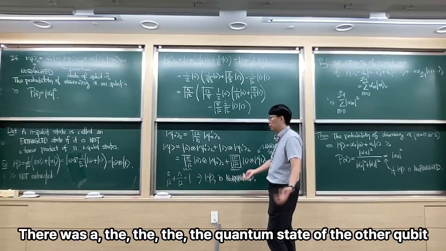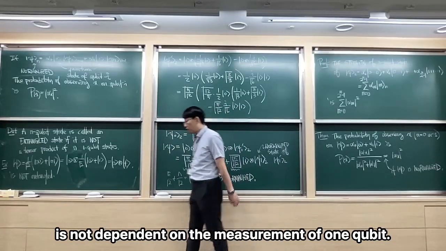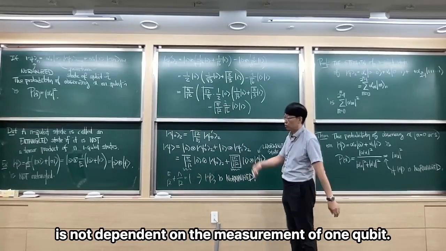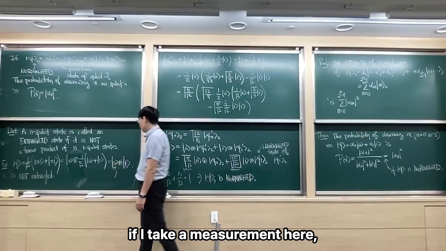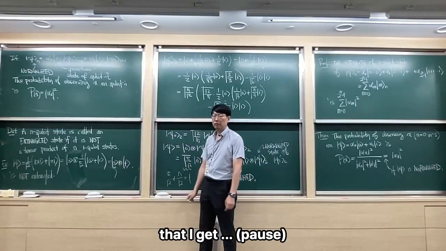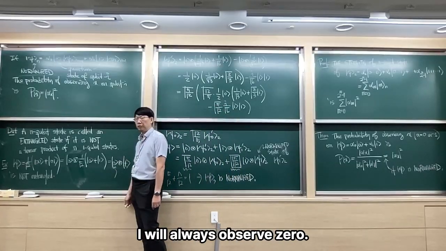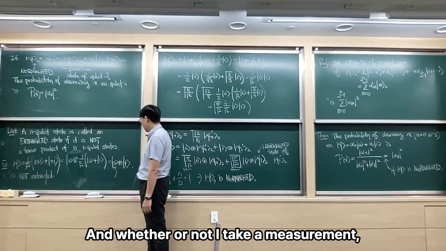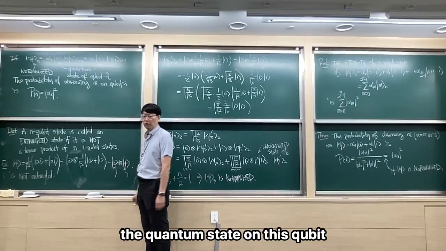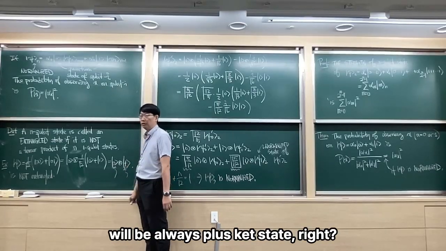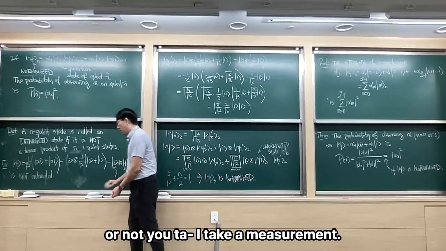The quantum state of the other qubit is not dependent on the measurement of one qubit. For example, if I take a measurement here, there's only one thing I can get. I will always observe 0. And whether or not I take a measurement, the quantum state on this qubit will always be the plus ket state, right? So it doesn't really matter whether or not I take a measurement.